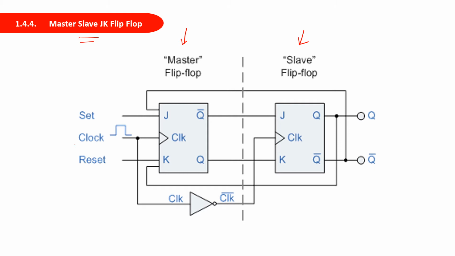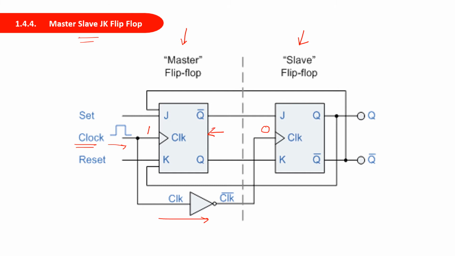The clock signal is applied directly to the master flip-flop, and the clock signal that we apply to the slave JK flip-flop is the complement of the master's clock. That means if the clock signal becomes high, a high signal will appear here and a low signal will appear here. That means the output will change only for the master flip-flop.